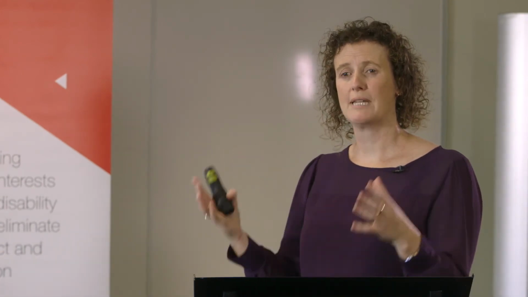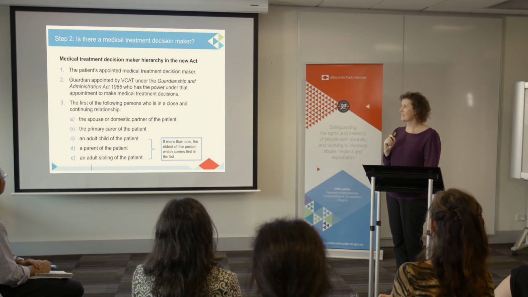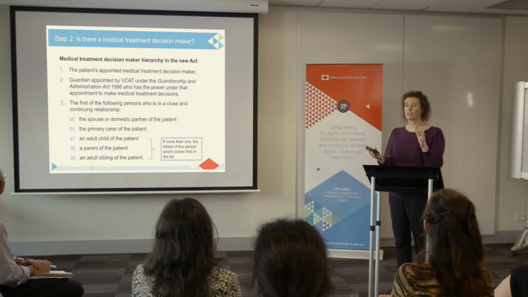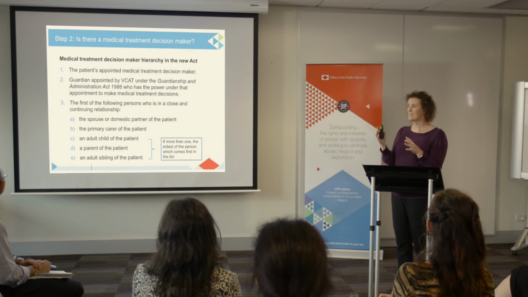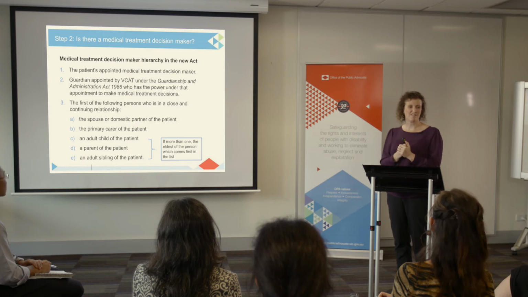The Act's trying to recognise that really people should be in that close and continuing relationship. So it may in fact be that your patient has a scenario where they have an adult child and they would be first on the list, but they really haven't seen your patient much over the last few years.